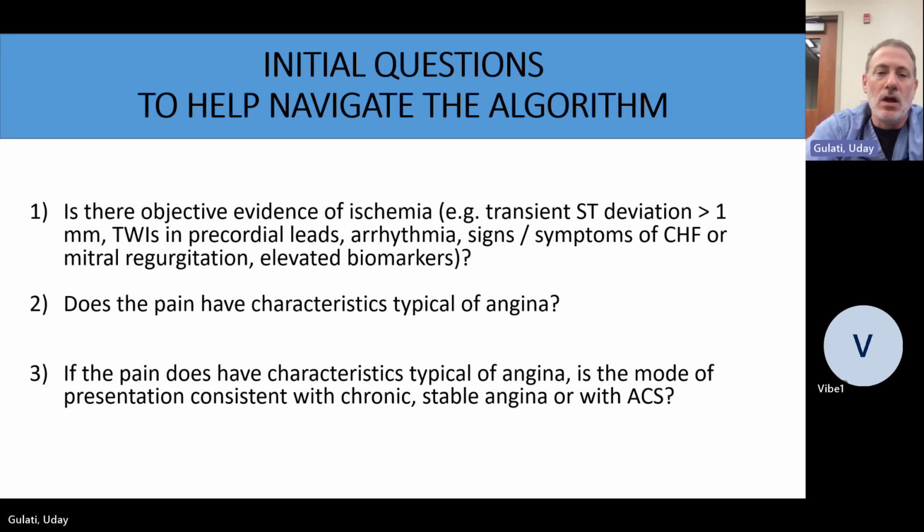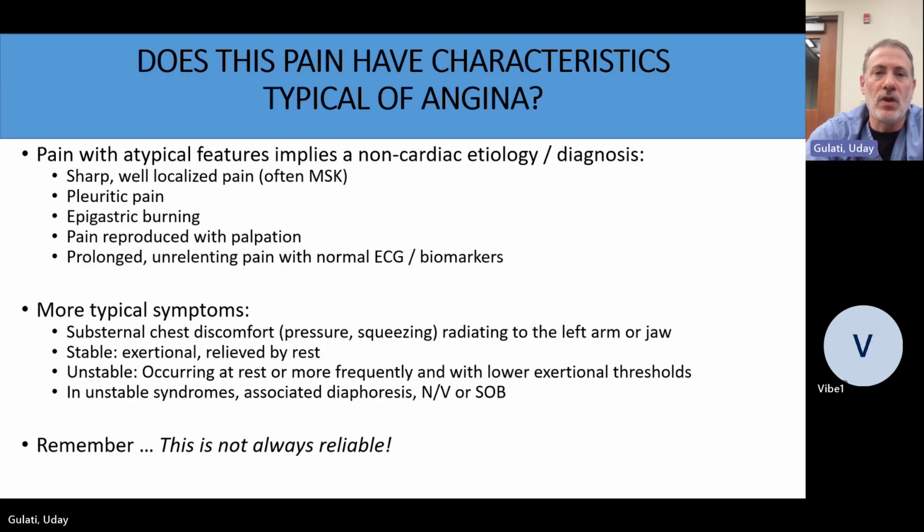Number 2, is the pain typical of angina? Number 3, if the pain is typical of angina, is the mode of presentation consistent with more chronic stable angina, or is it more consistent with an acute coronary syndrome? So, typical angina, or how about pain that's not typical of angina?